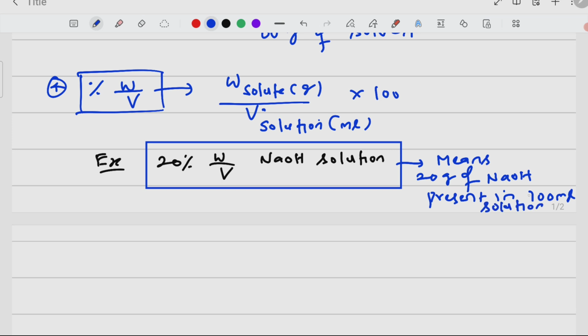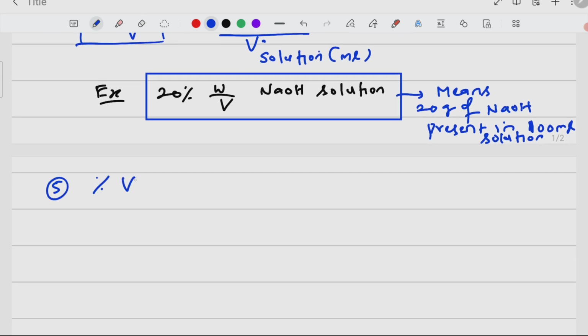That's how we need to consider it. Like above, you cannot say 20 grams of NaOH present in 80 ml solvent. Anyway, you can consider here 20 grams of NaOH present in 100 ml solution. That is W by V.